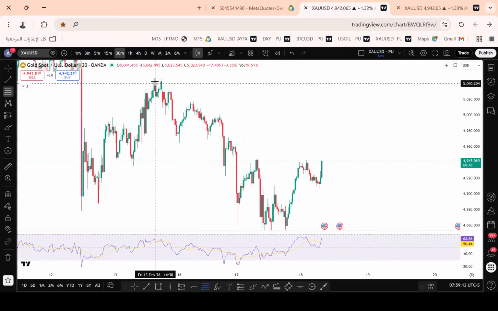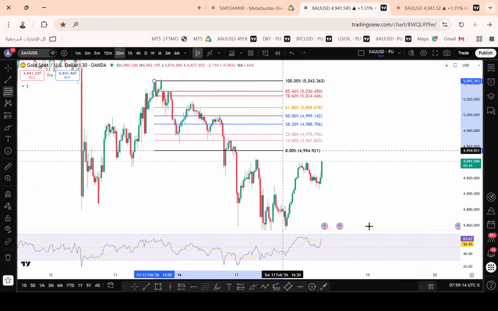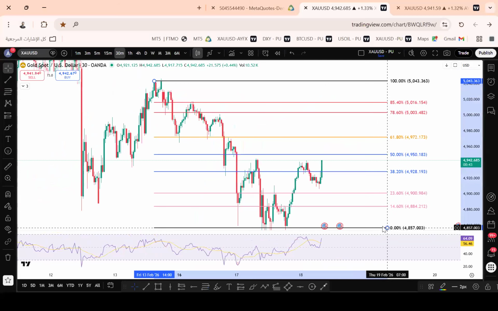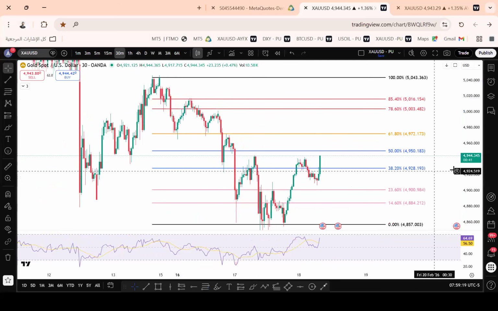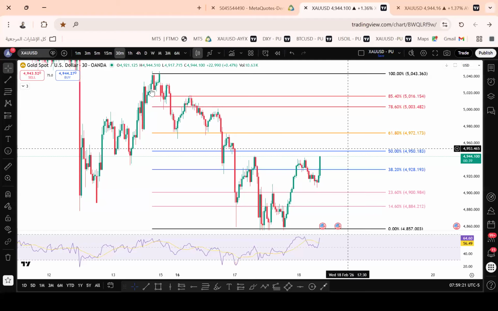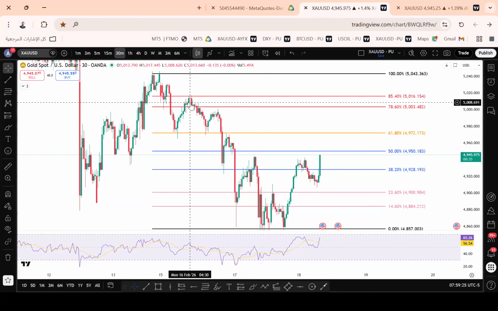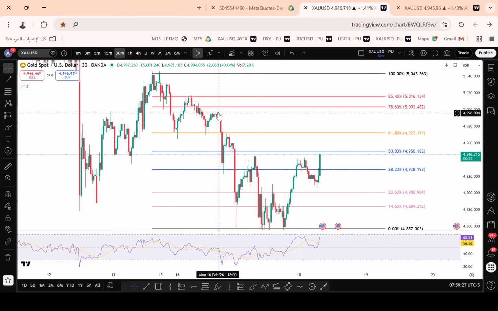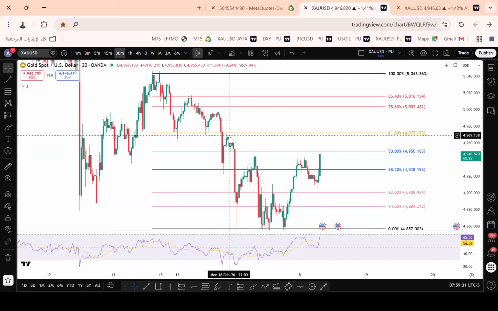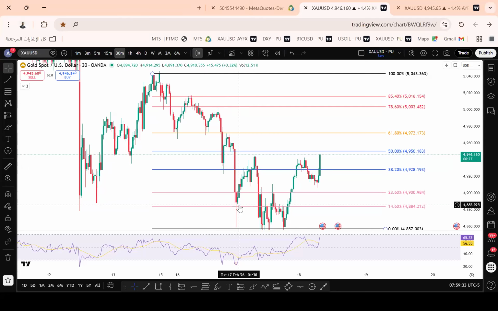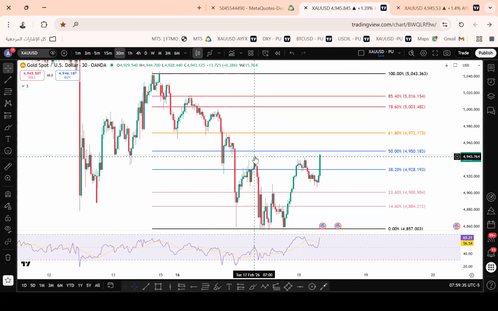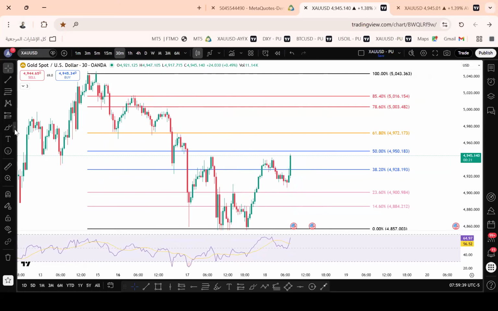So if I take from the high level to the low level here, you can see the price reached the 61.8 and then pulled back. Then it reached the 38 and then pulled back to 61. And then it came to the 14 and then pulled back again to 50. Now the price is at the 50 level. The 50 is a very important zone for me.